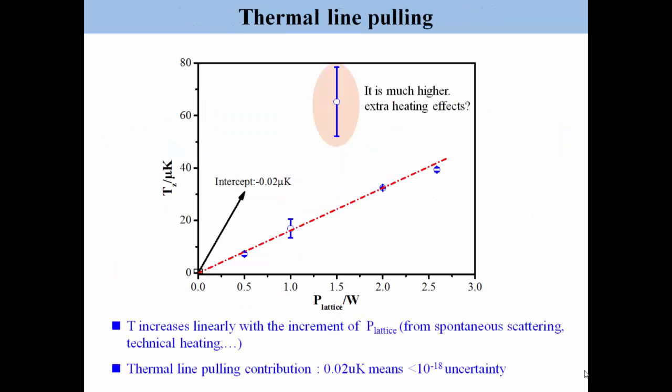The second problem is the thermal line pulling. Due to the spontaneous scattering of the lattice laser photons and the technical heating by the intensity noise or the laser pointing instability, the temperature will increase linearly with the increment of the lattice power.